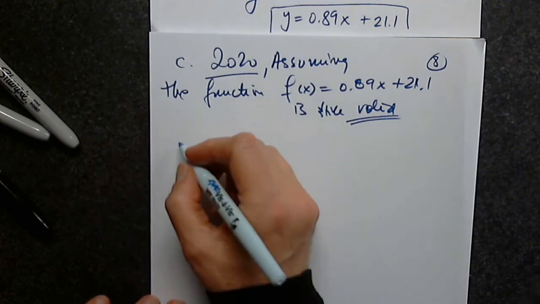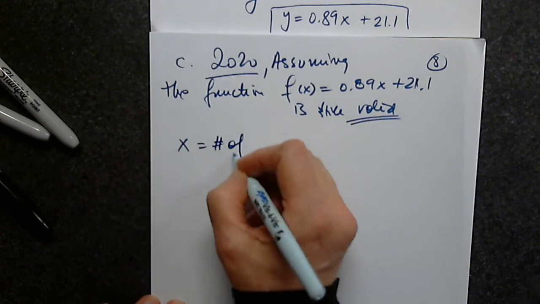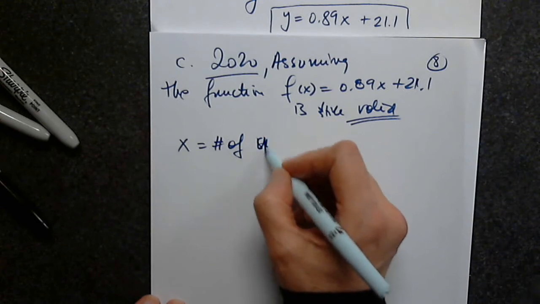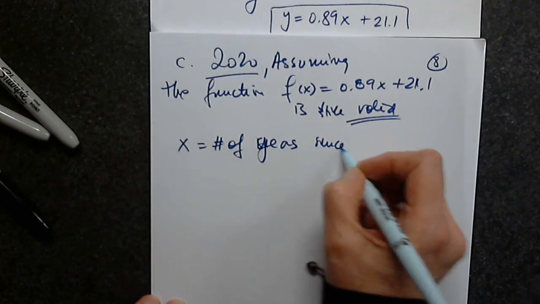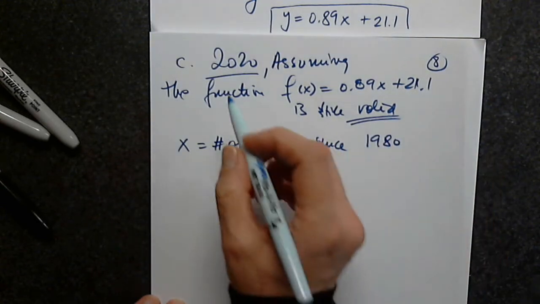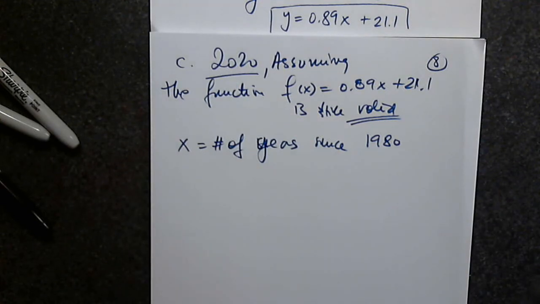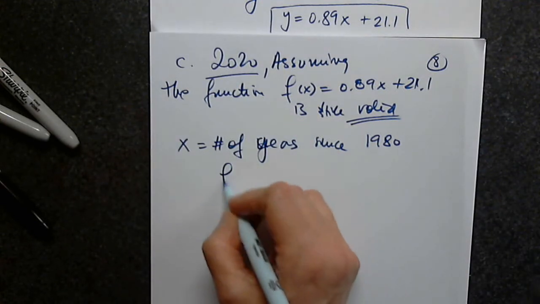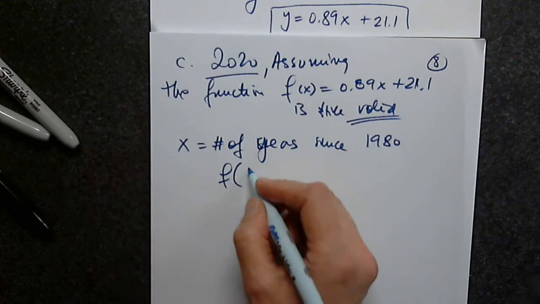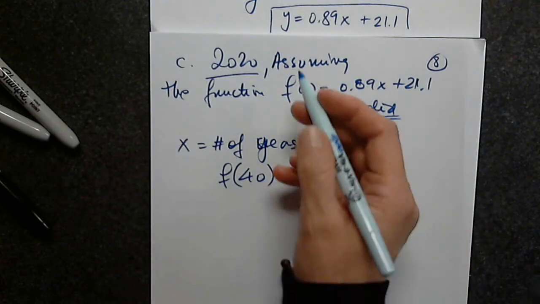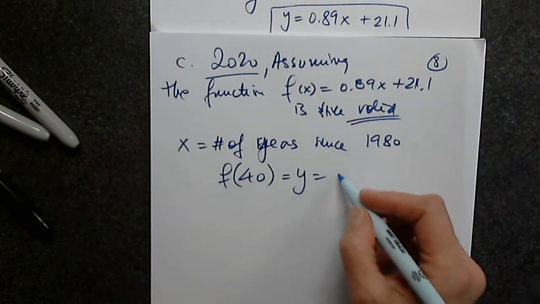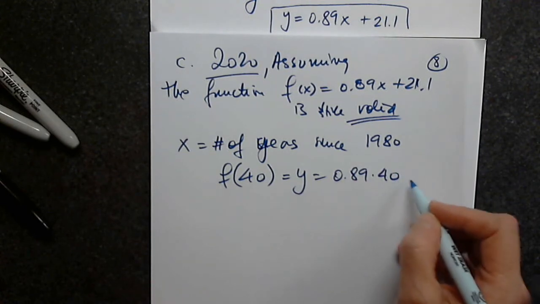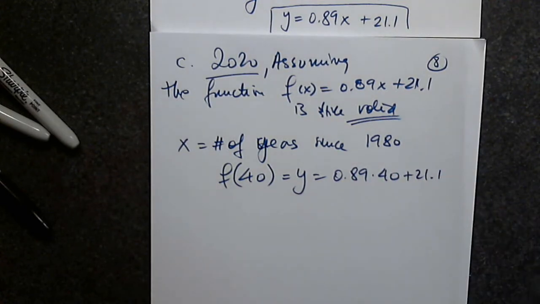Yes, very good. X is the number of years since 1980. I cannot plug in the name of a year in anything. So f of, excellent, which is the same thing as y. 0.89 multiplied by 40 plus 21.1.